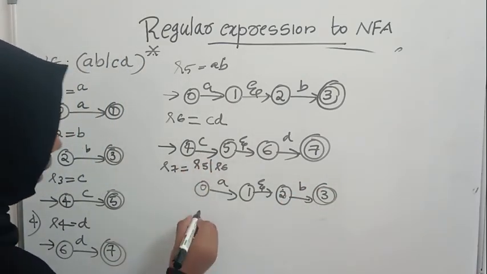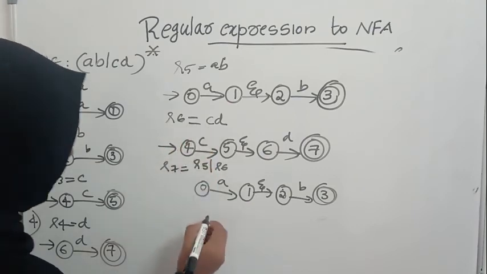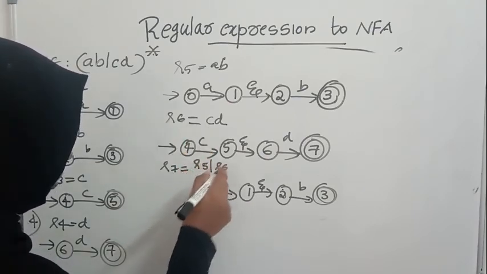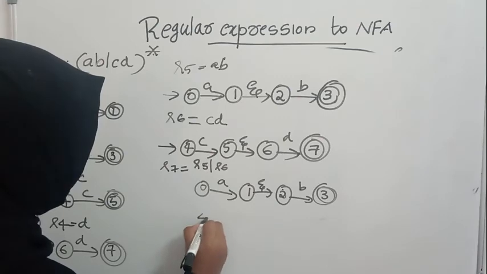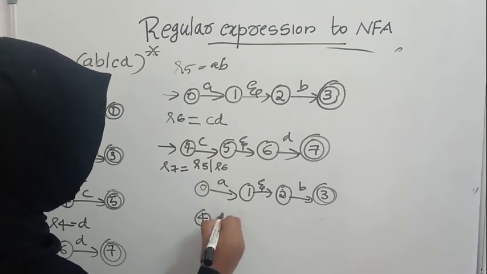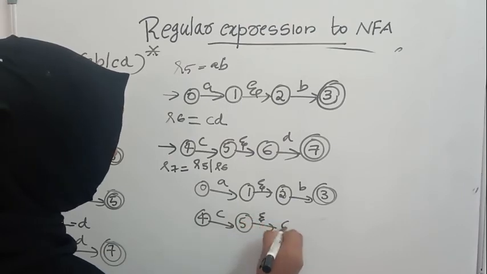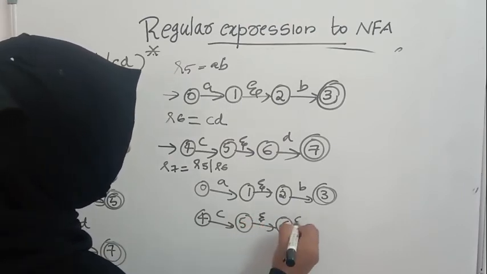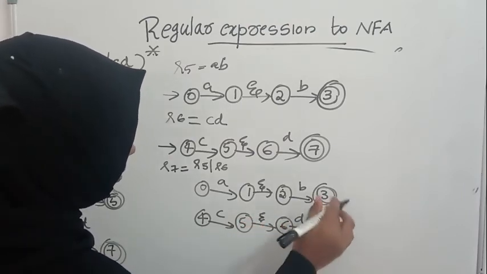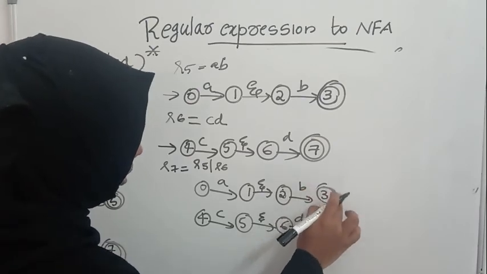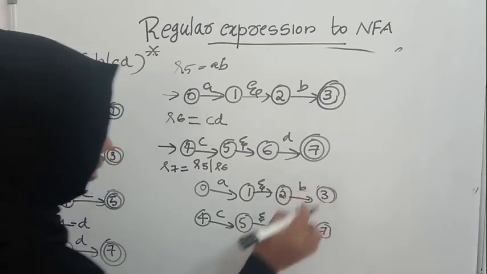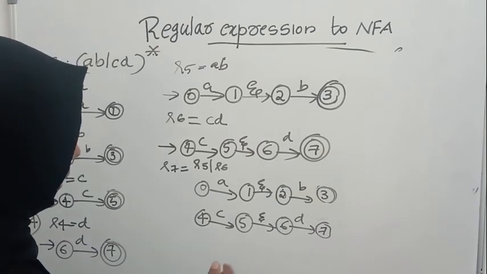Now the NFA for CD, that is R6: 4, C, 5, epsilon, 6, D, 7. Oh sorry, you can't draw double circles around the final state, because we are going to include a new final state.